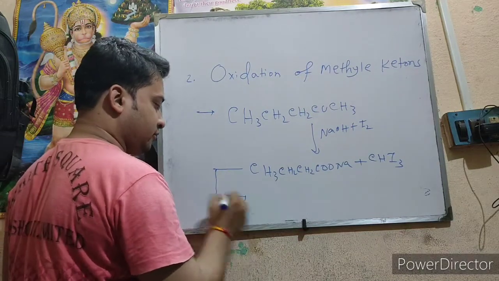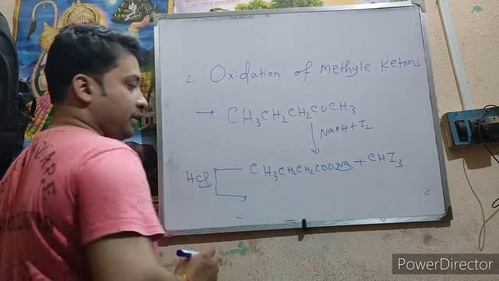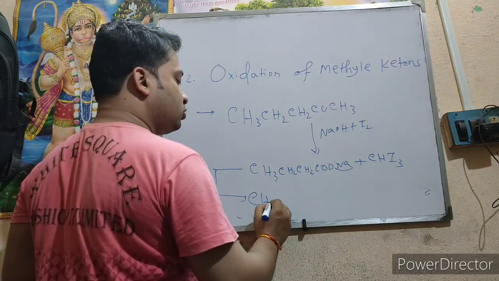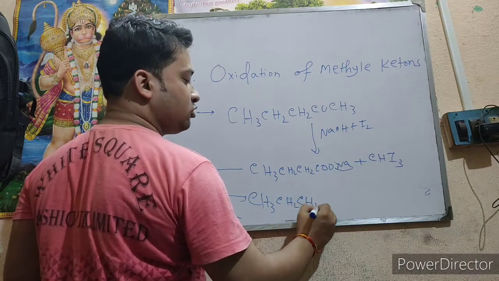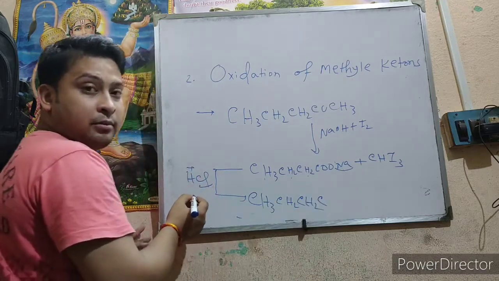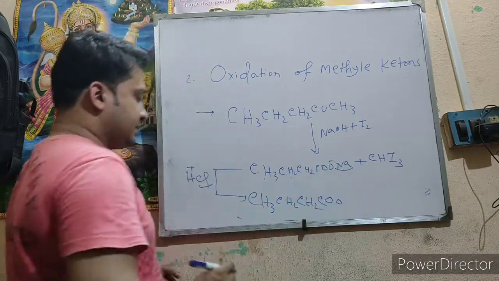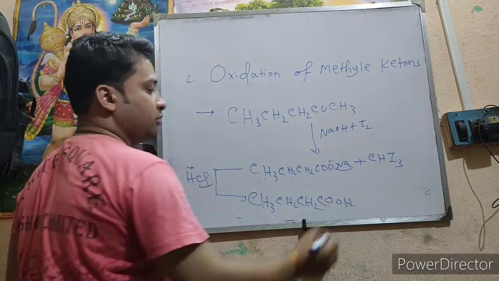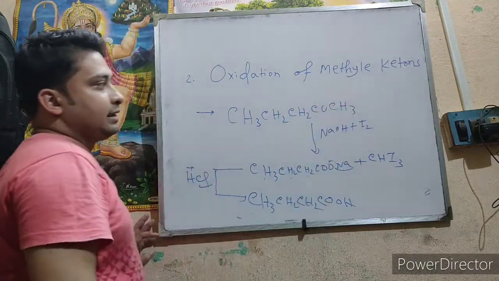Then you acidify it with HCl. When you acidify it, Na and Cl are removed, so you get H plus at this position. So you get CH3CH2CH2COOH. Na and Cl make the compound NaCl, and COO minus and H plus attract each other, so you get this compound COOH. So this is the oxidation of the methyl ketone.